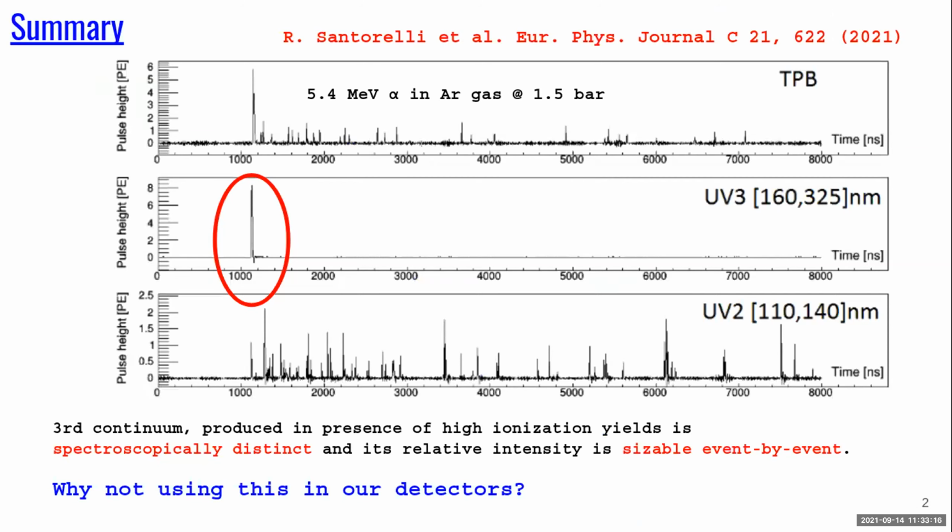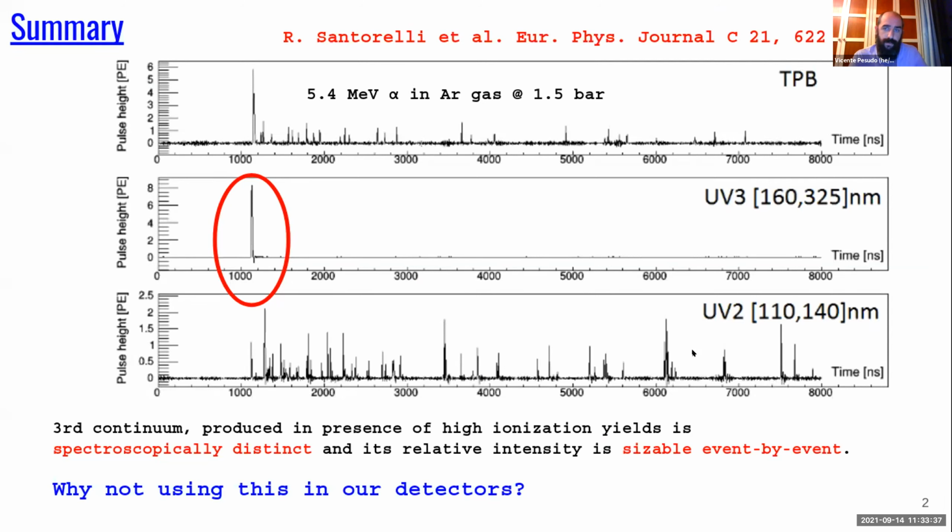What you see here on the screen is a single event of a 5.4 MeV alpha in argon gas at 1.5 bar. This is in the full spectral range, and this is the same event in 2 different spectral ranges.